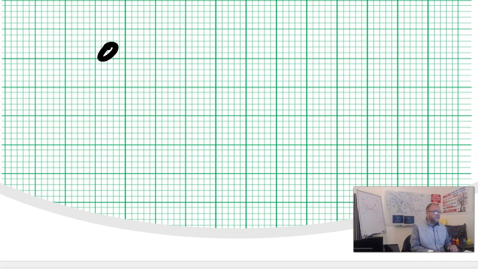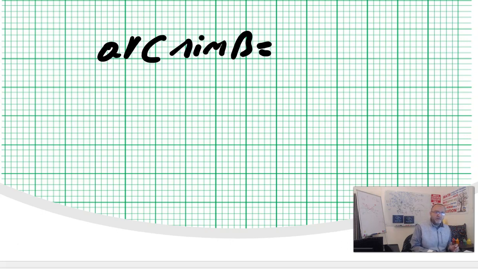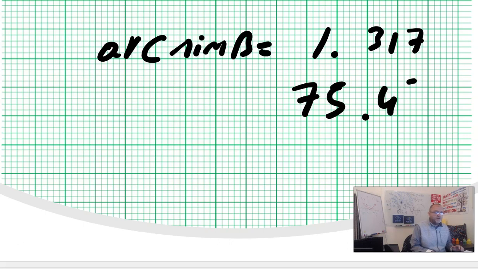So all I need to do is inverse it in this scientific calculator. Arcsine of B, or arcsine of this 0.968, and I get 1.317 radian, which I convert to degrees and get 75.47 degrees.